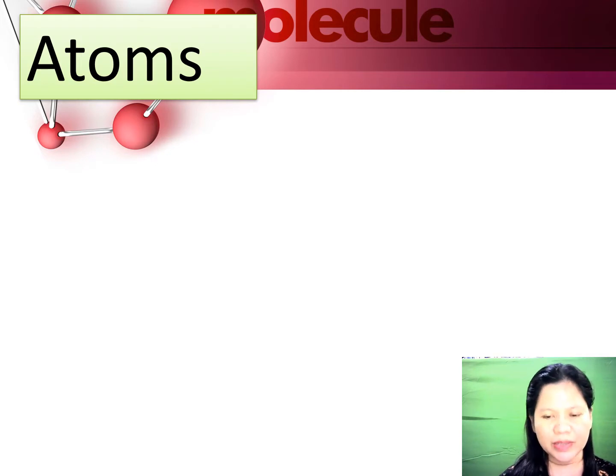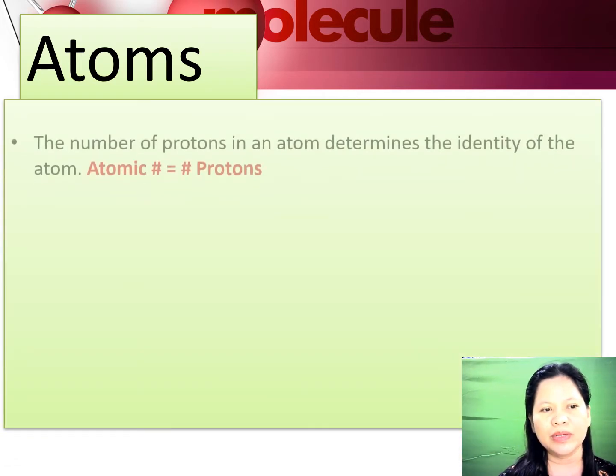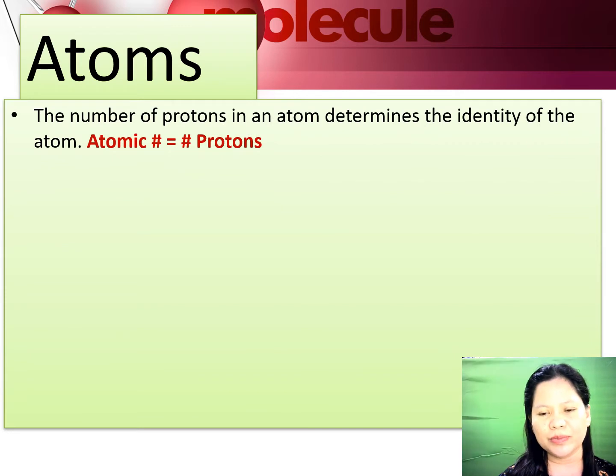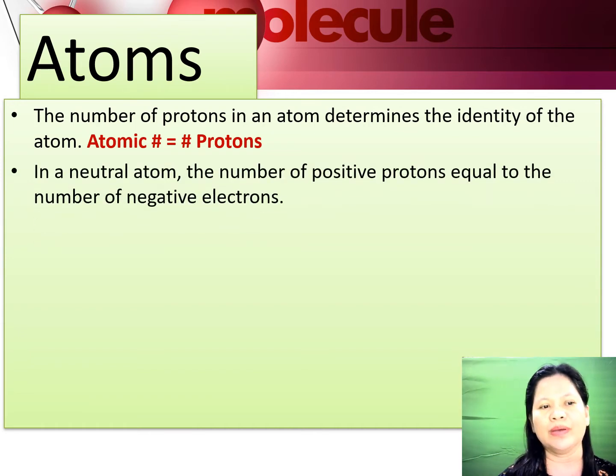When we talk about atoms, we are referring to the number of protons in an atom, which determines the identity of the atom. So it simply means that the atomic number is equal to the number of protons. In a neutral atom, for example, the number of positive protons equals the number of negative electrons.